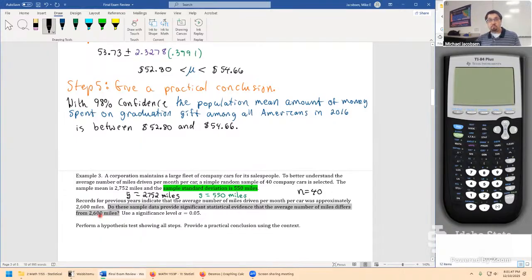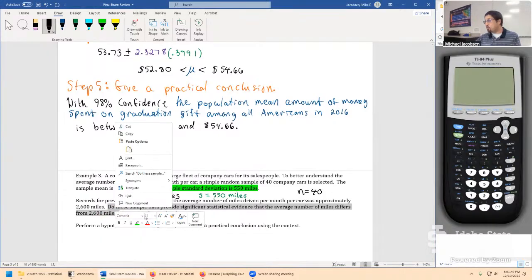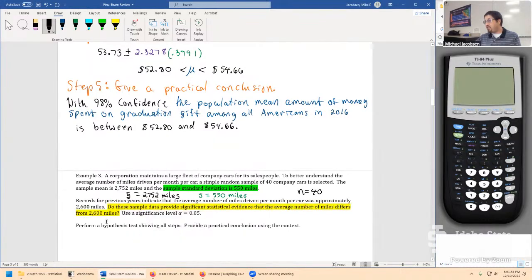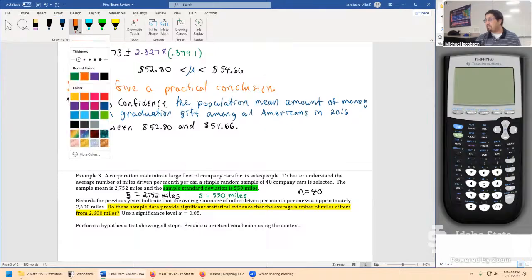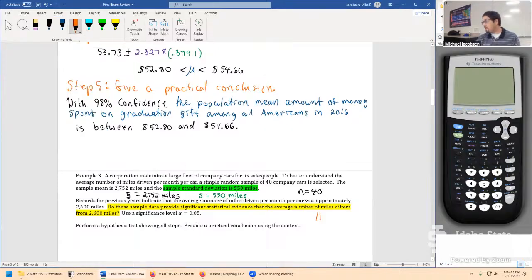So 2,600 came up in this statement. It's absolutely the hypothesized value. And this whole statement in yellow is just the alternative hypothesis written out verbally. So this is HA, and mu naught is the 2,600 miles. Hypothesized value, mu naught, is 2600.